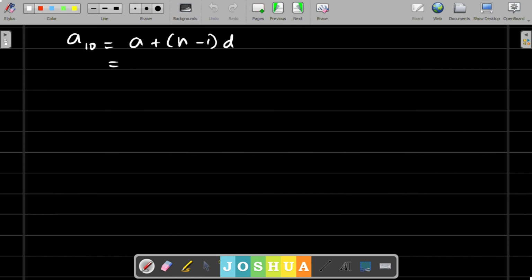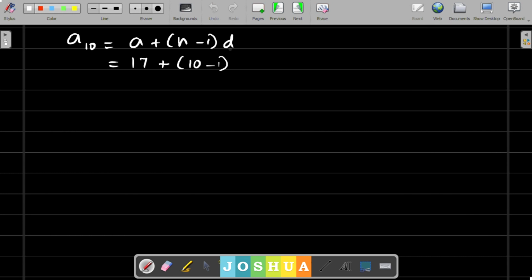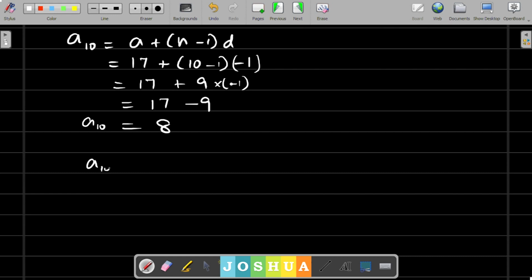So a is equal to 17, n is 10 minus 1, and d is equal to minus 1. So therefore 17 plus 9 into minus 1. 9 into minus 1, that is equal to 17 minus 9, that is equal to 8. a10 in this case is equal to 8.